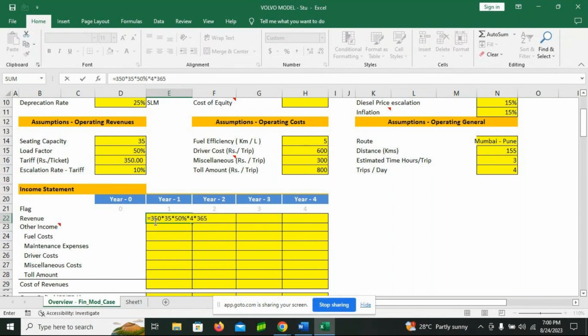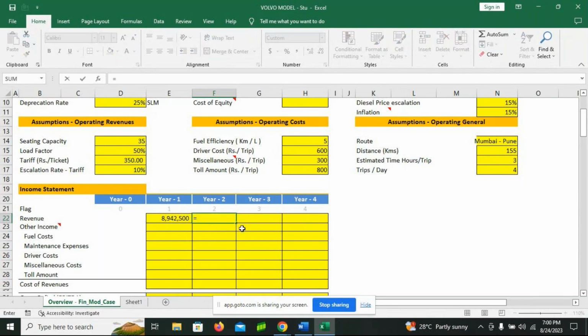First I need to take the ticket cost, that is 350, into the seating capacity, that is 35, into the load factor they have given, 50%, and the number of trips that will take place is 4 trips per day. And like that I have to calculate it for 365 days. Enter. Now they are telling that there is an escalation happening on this.